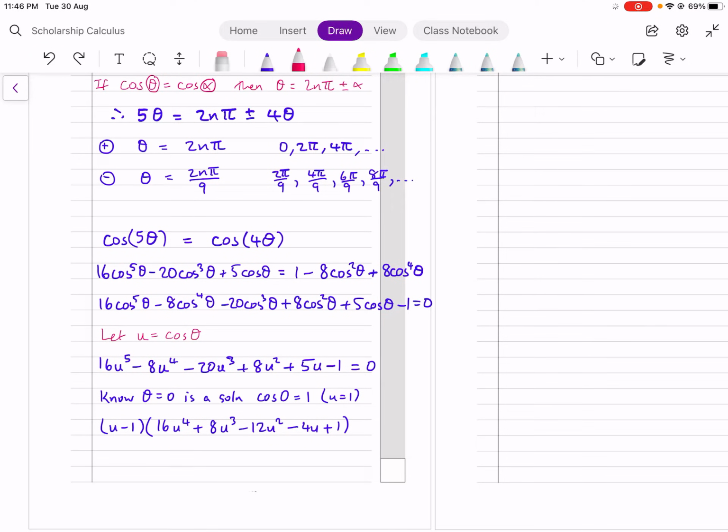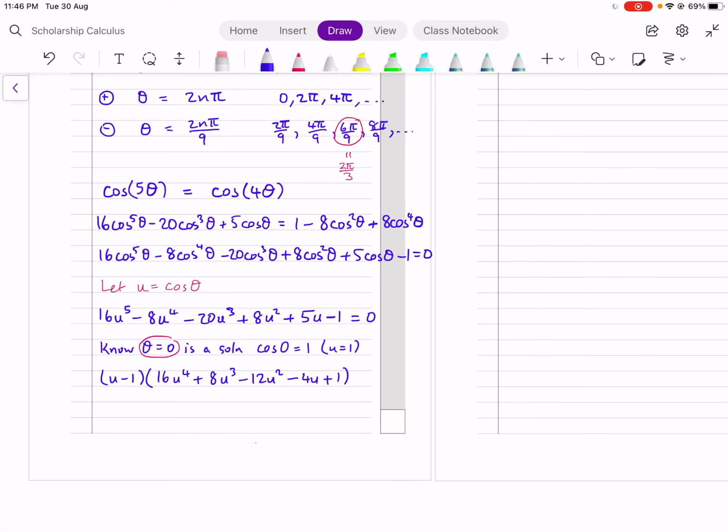Okay, so that was theta equals 0. We knew that was a solution. We also know that theta, and this one's a little bit sneaky, 6 pi over 9. 6 pi over 9 is the same as 2 pi over 3. So theta equals 2 pi over 3 is a solution, and that's cos of 2 pi over 3.